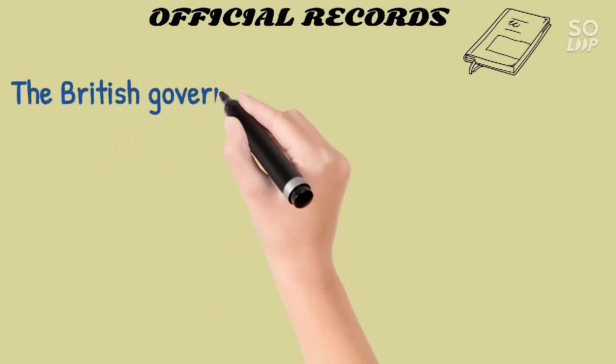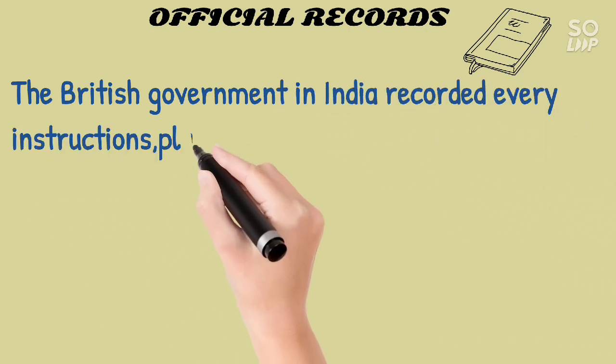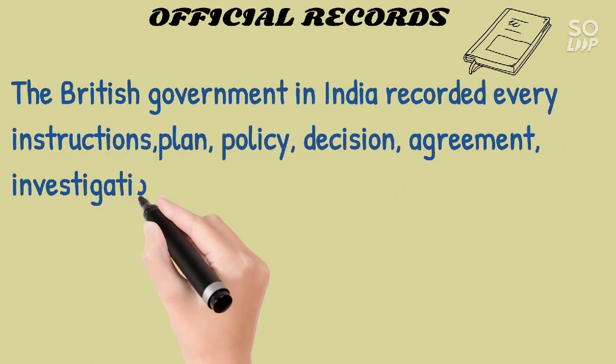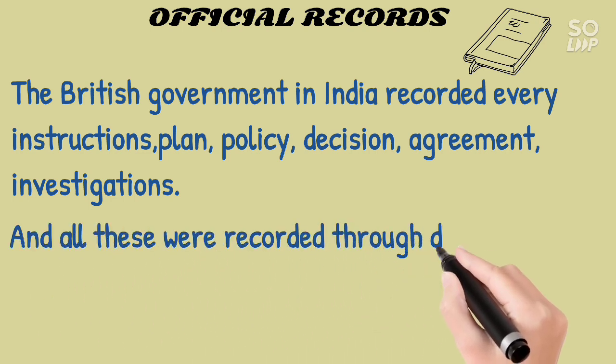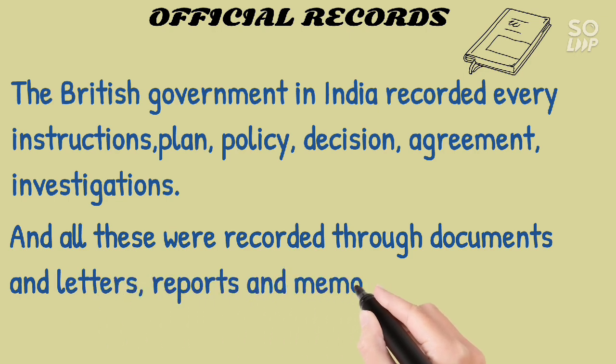For example, in your schools, every decision, instructions, guidelines are recorded in registers in your schools, right? Like your attendance registers, students notice register. Like that, the British also thought every instruction, plan, policy, decision, agreement, investigation had to be clearly written up. And at that time, all these were recorded through documents, letters, reports and memos.